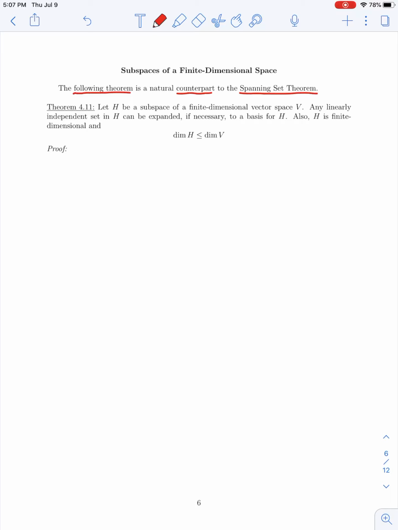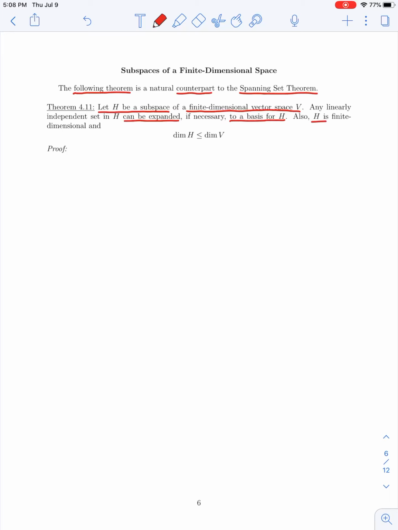So the following theorem, Theorem 4.11 from your textbook, says if we have a subspace H of a finite dimensional vector space V, then any linearly independent set in H can be expanded, if necessary, to form a basis for H. So if we have a linearly independent set within a subspace of a finite dimensional vector space, then we can expand it in order to form a basis for that subspace if it's not already a basis.